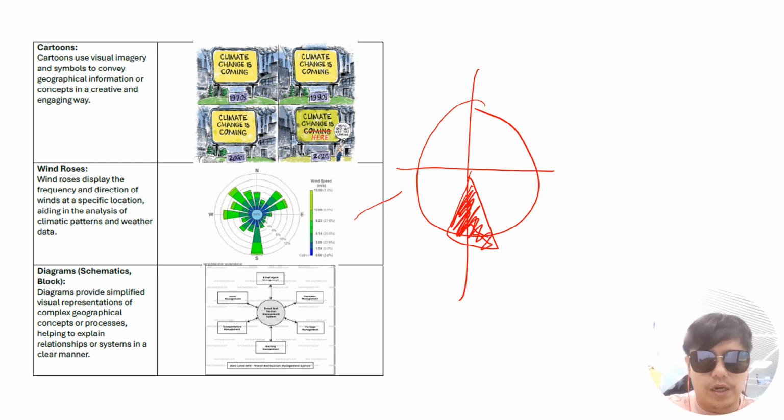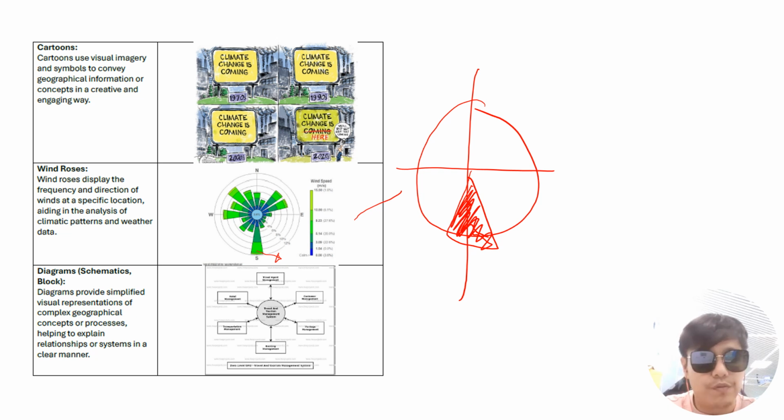So the longer the data, it means that it is the longest arm of this data, which is here, south. This is actually the prevailing wind, because the frequency of winds that blow from this direction is the most in that certain month.